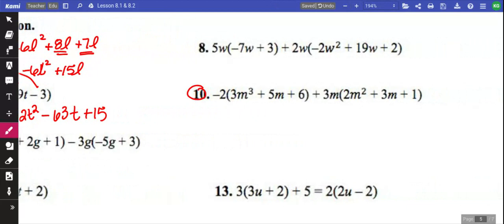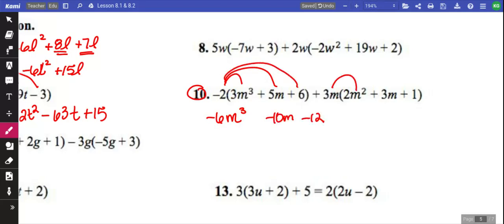Now if I do number 10 over here, I distribute as negative 6m to the third, negative 10m minus 12. And this would give me 6m to the third plus 9m squared plus 3m.